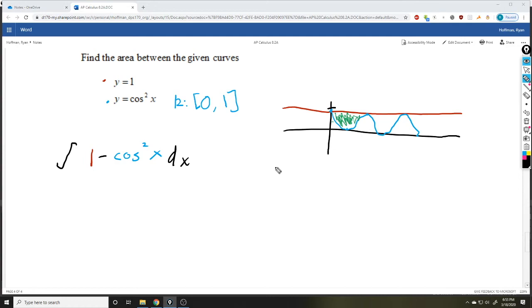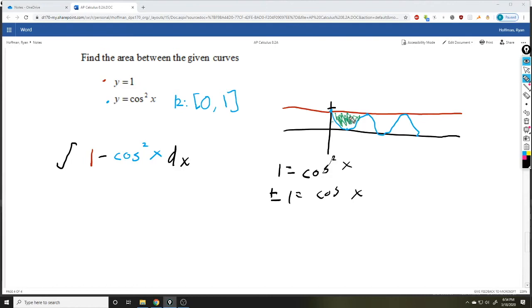Now I need to know what my bounds are. So I need to know when 1 equals cosine squared of x. Well, if I take the square root of both sides, that'll be everywhere that cosine is positive 1 or negative 1. Okay?